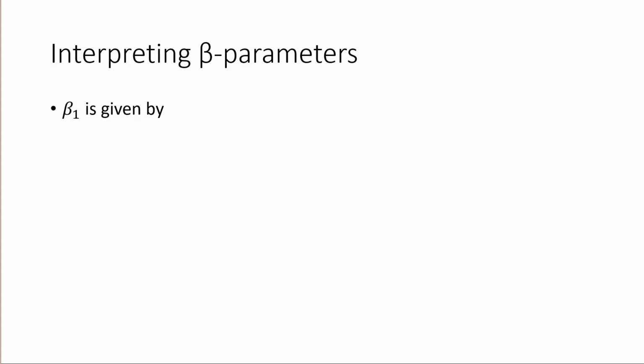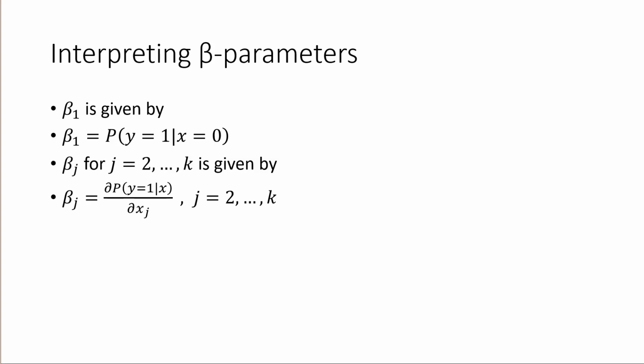So beta 1, which is generally interpreted as the expected value of y when all the x variables are 0, will now be the probability that y is equal to 1 when all the x variables are 0. For all the other beta parameters, the slope parameters, they are now interpreted as the change in the probability that y is equal to 1 when x changes by 1 unit.